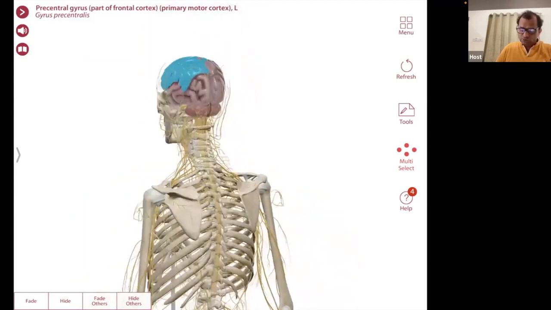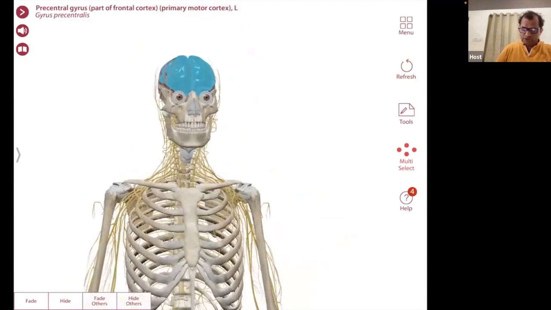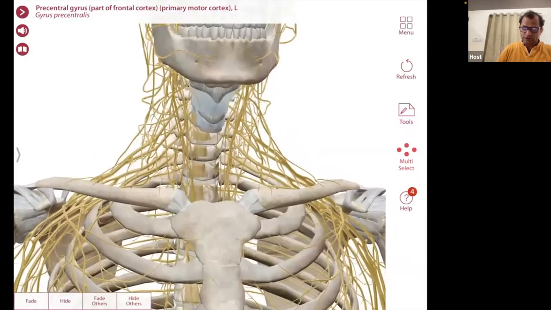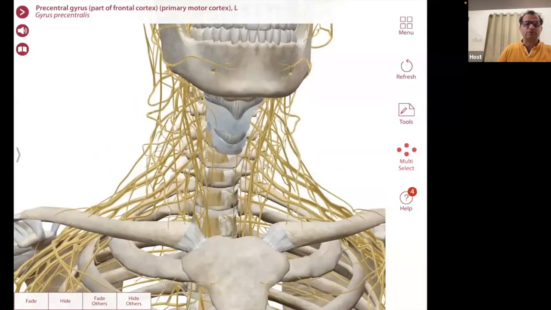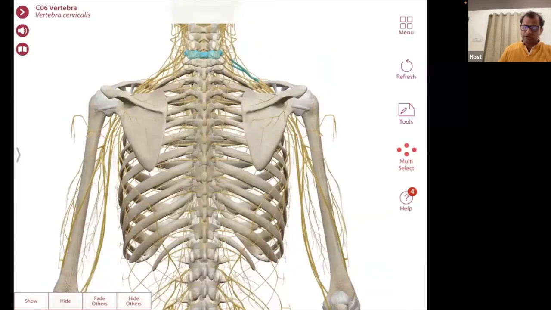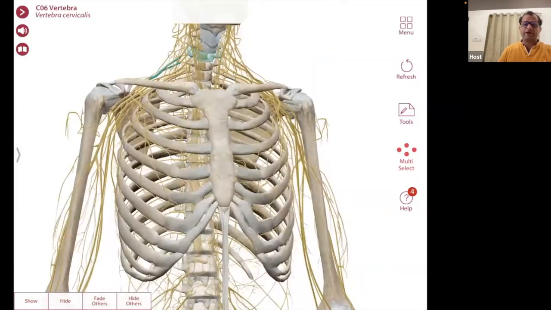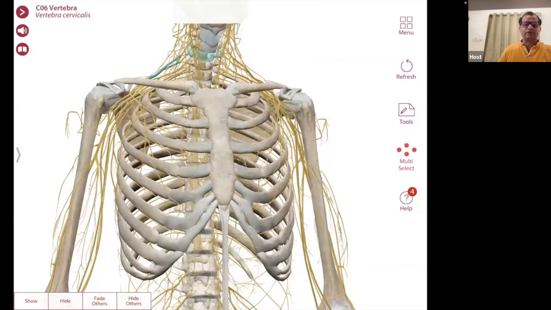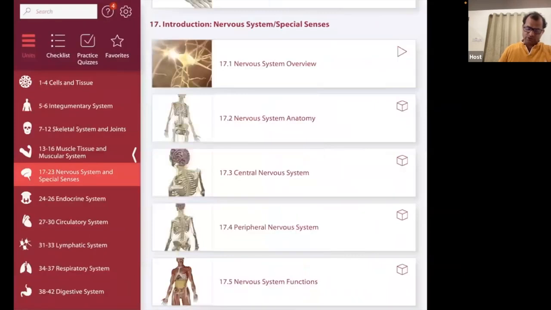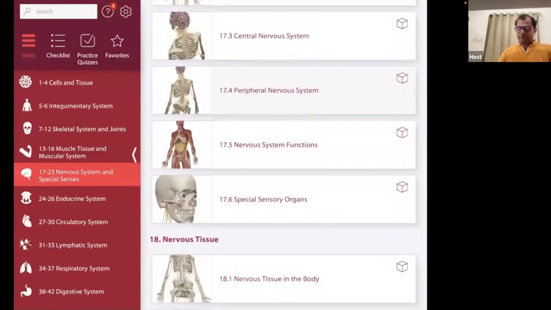Then we can see that lots of nerves are coming out. We can see these multiple golden color nerves in this diagram, coming out from the brain and from the spine. These nerves are called peripheral nerves, the peripheral nervous system, right? So in this way, we have seen the nervous system has two parts.